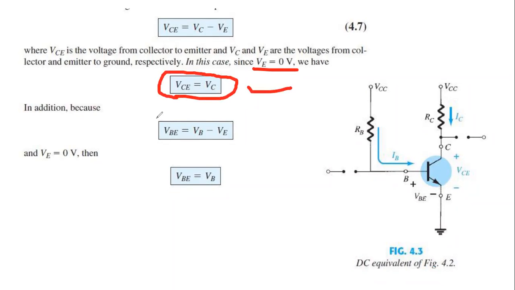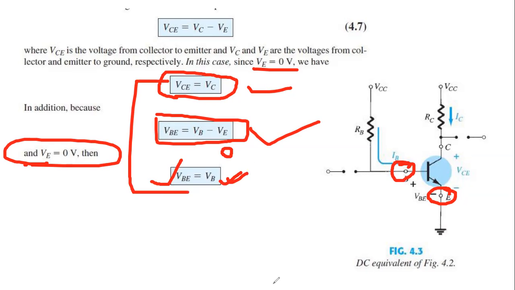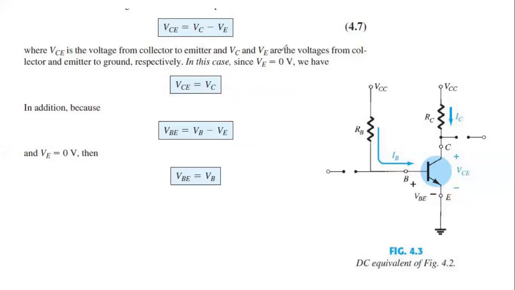And finally, as we all know, VBE is the potential difference between VB and VE. We know that VE is 0, so we can place the value 0 here, and VBE equals VB. This can be done if the emitter is directly connected with the ground. So this might help you in the example.